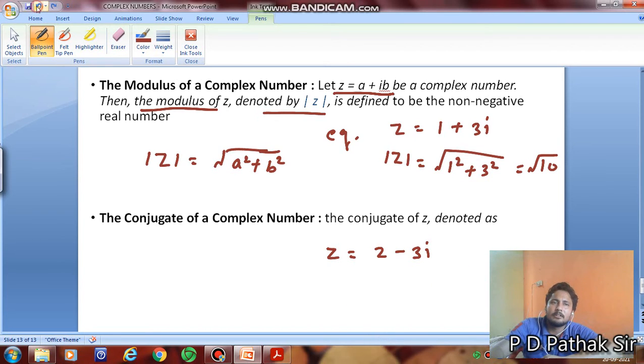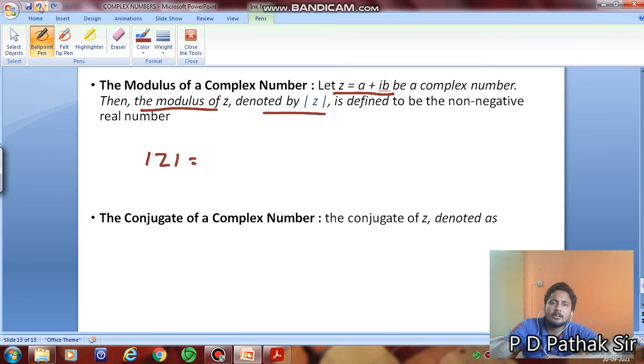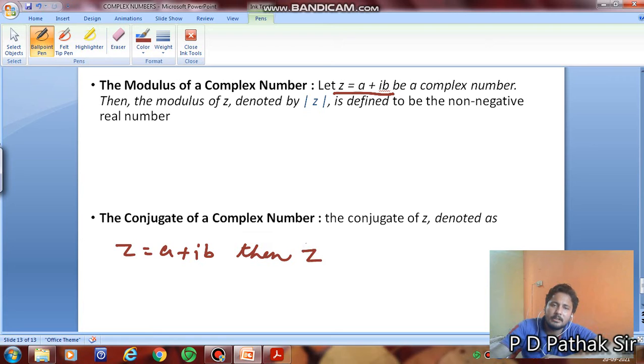Now what is the conjugate? Conjugate means you replace the sign of iota. If z = a + ib, then the conjugate of the complex number is denoted by z bar, and it equals a - ib.